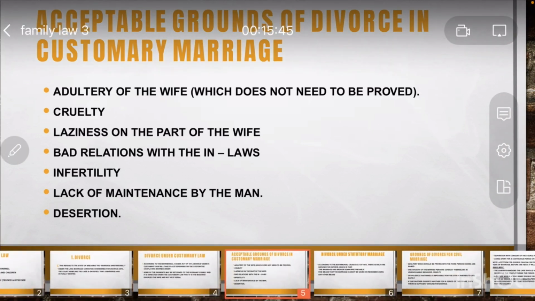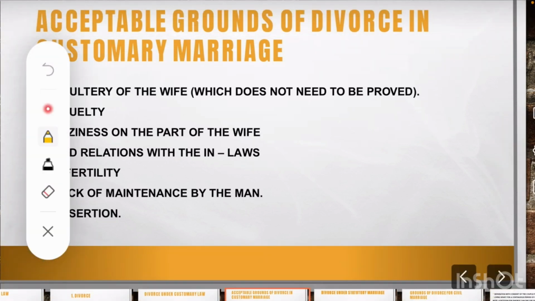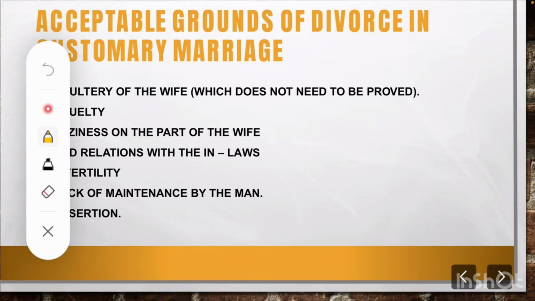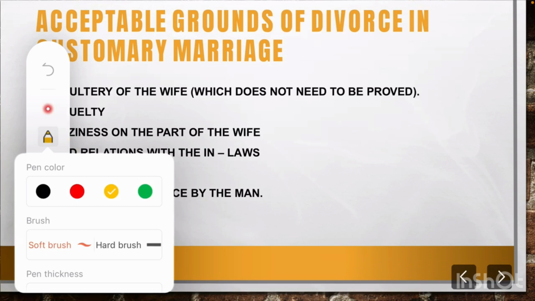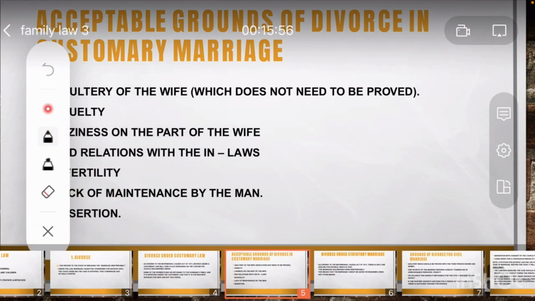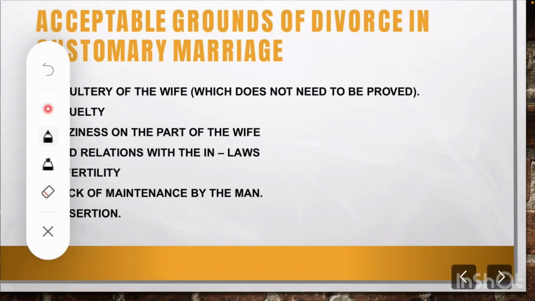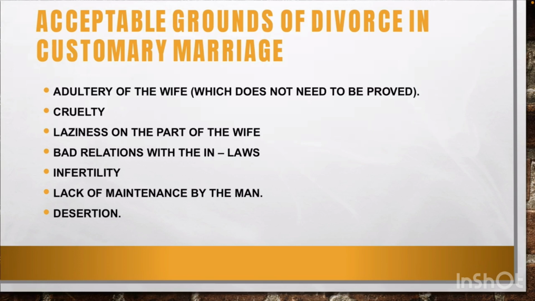You will understand this when we look at divorce under civil marriage. For customary marriage, adultery of the wife, though it is not proved, there is no problem. It can lead to divorce. Then two, cruelty: always beating up your wife, always beating up your husband. This can lead to divorce.